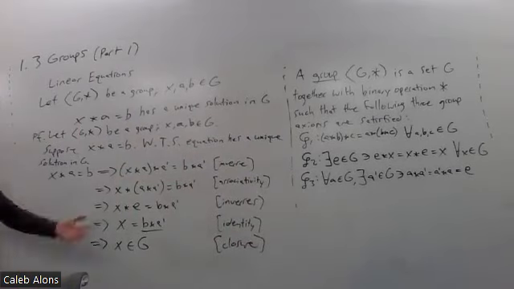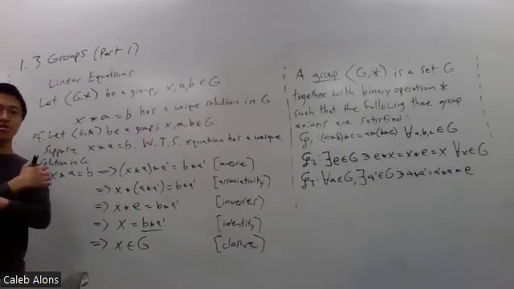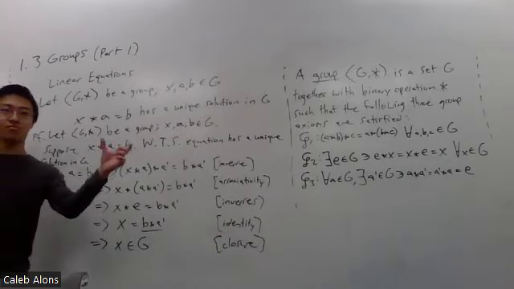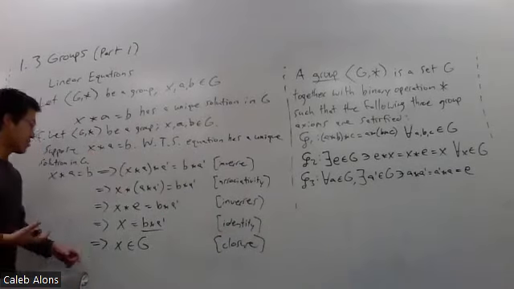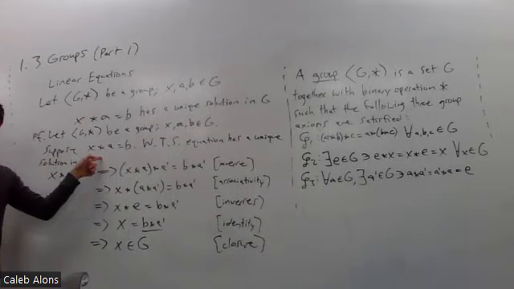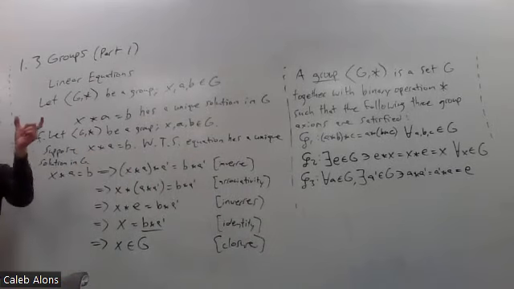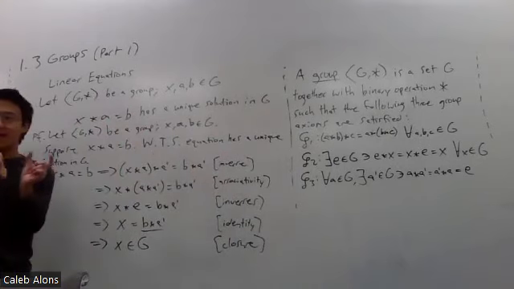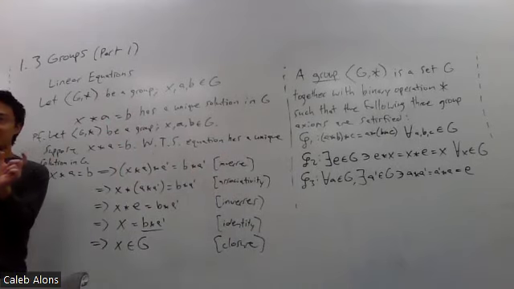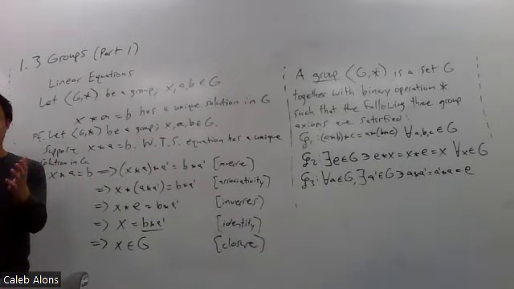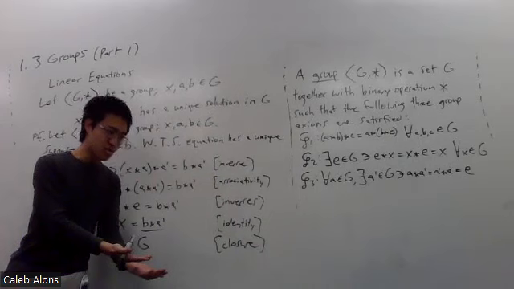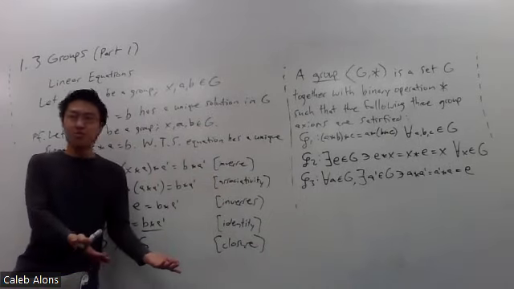It says, okay, well, to prove that something's unique, we're just gonna say it's not unique. And then we're gonna say we have two different solutions to this equation. And when you actually put them together, you can use and cite the cancellation law that we just proved to say, well, it just cancels, and you end up with the fact that both solutions are forced to be equal to each other.